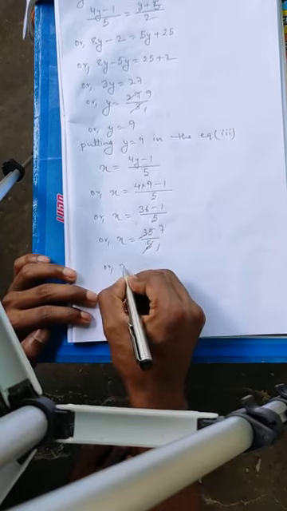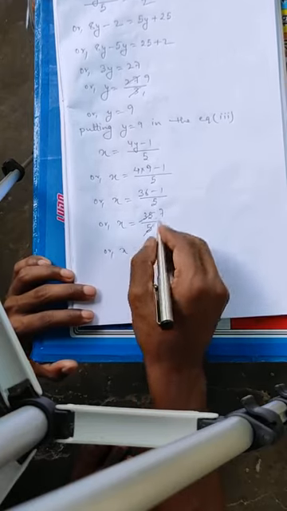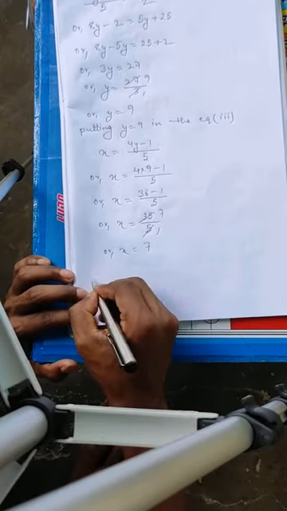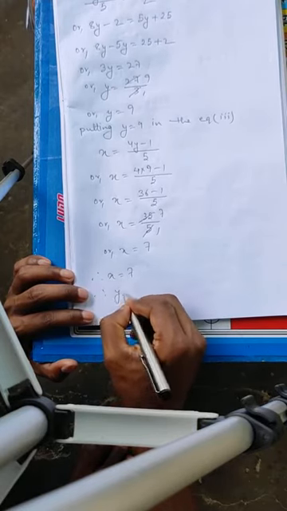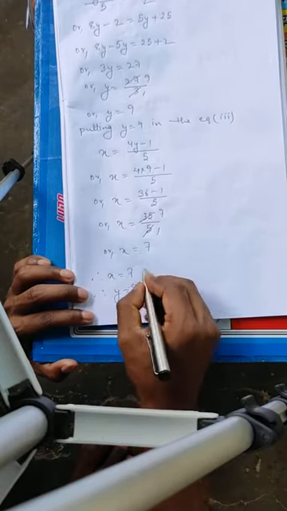So we get the value of x also, x = 7. Therefore x = 7 and y = 9.